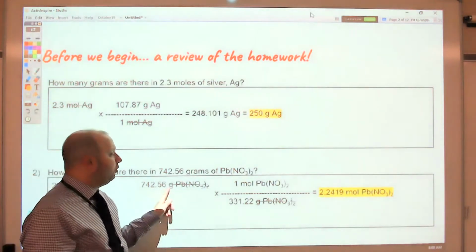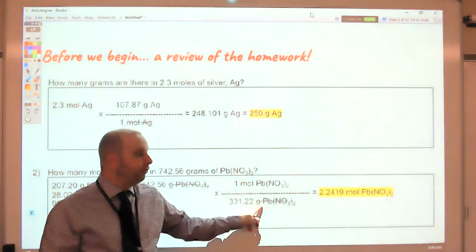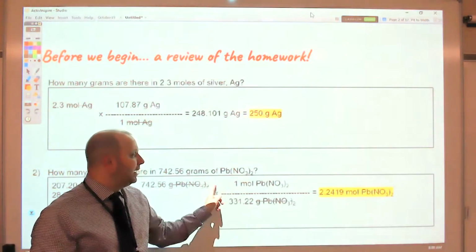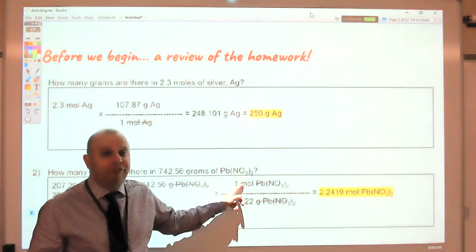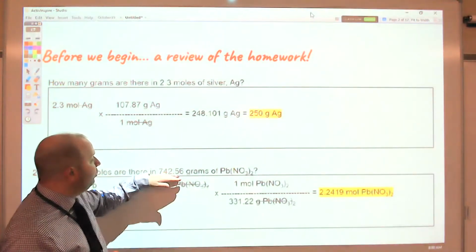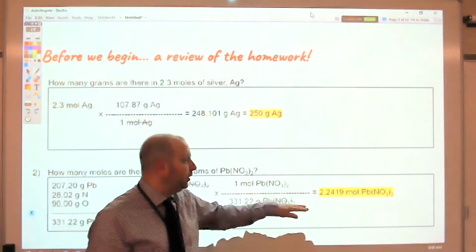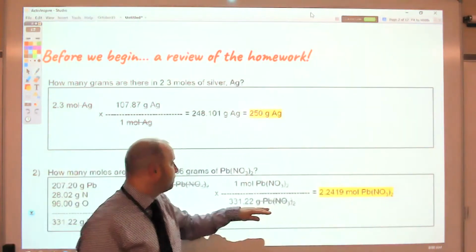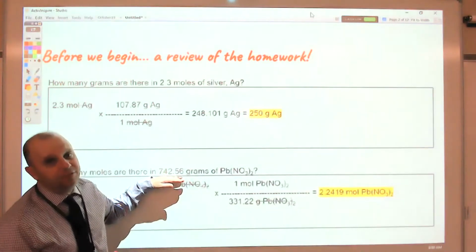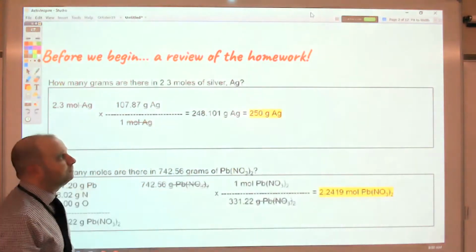Because grams is our starting point, we want to put grams on the bottom of the first equation in order for it to cancel out. Multiplying by 1 is not meaningful, so you can skip that part. So in this case, we're just going to take our 742.56 divided by 331.22 to get our final answer. Notice also that we have 5 significant figures in the problem, 5 significant figures in our answer.